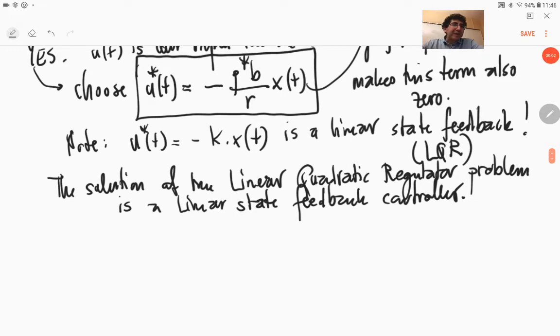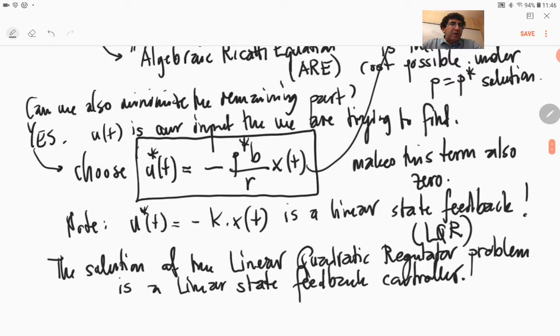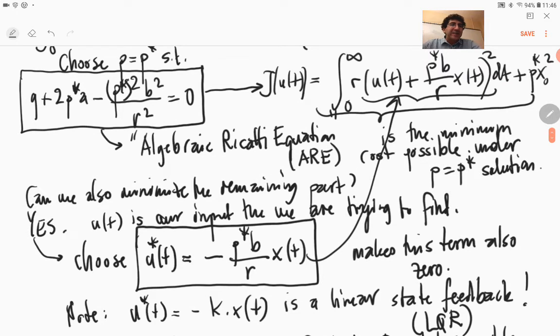Okay, so in the last video, we basically obtained the solution of the linear quadratic regulator problem for the scalar case, and we defined what our algebraic Riccati equation is, which needs to be solved first, giving us P star.